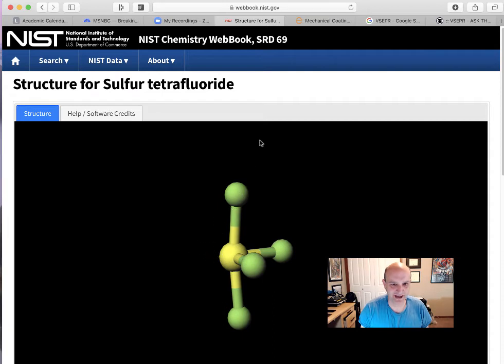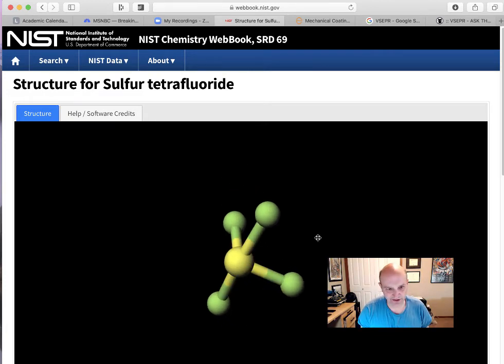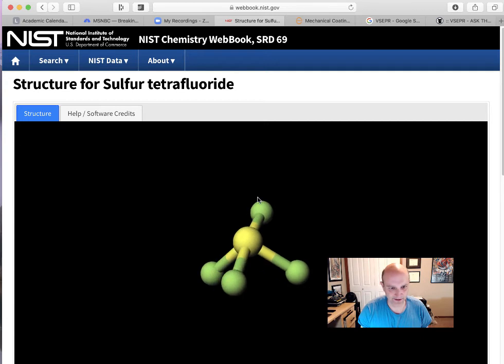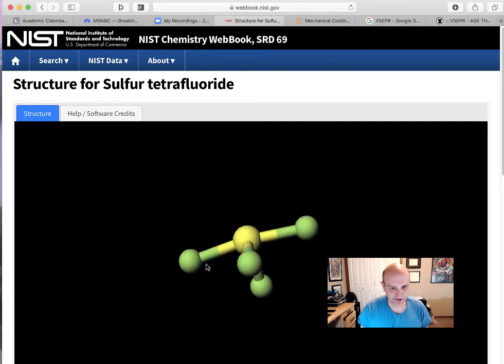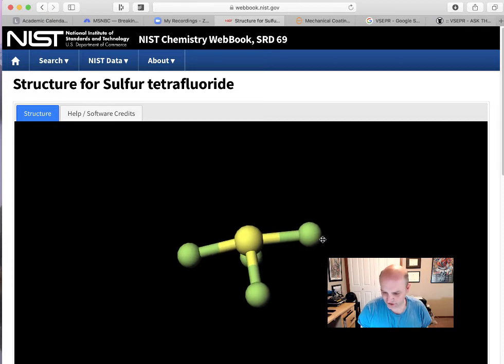Notice how these are kind of angled back a little because they're pushed back from that shape. So we say it's shaped kind of like a seesaw. If it's shaped like this, we say this is a seesaw shape, but it starts off as trigonal bipyramidal.